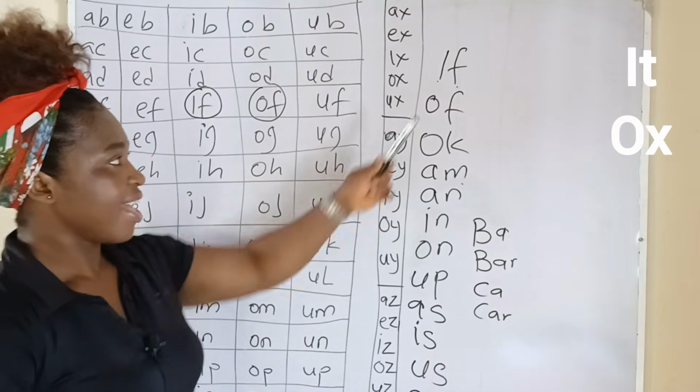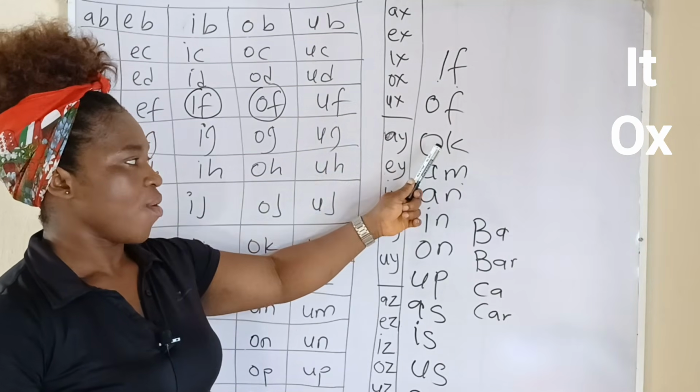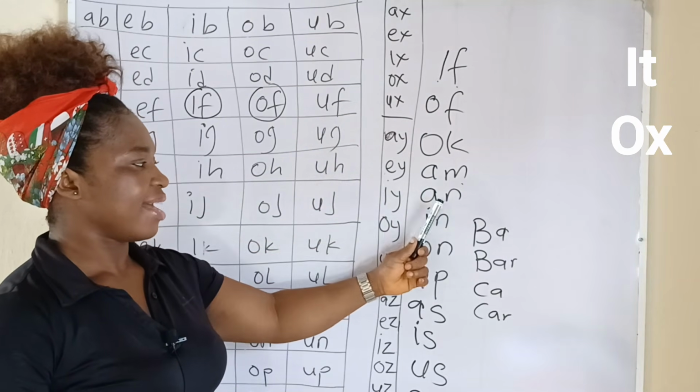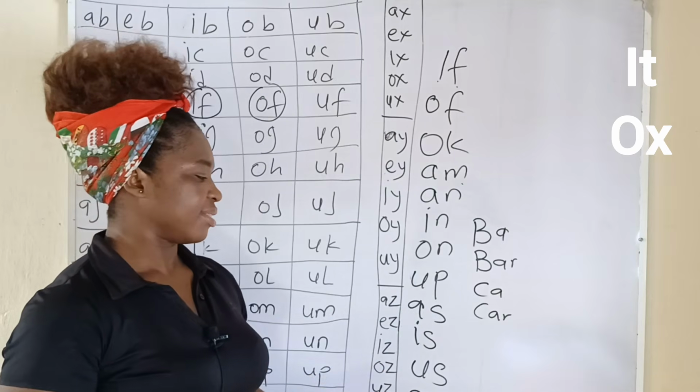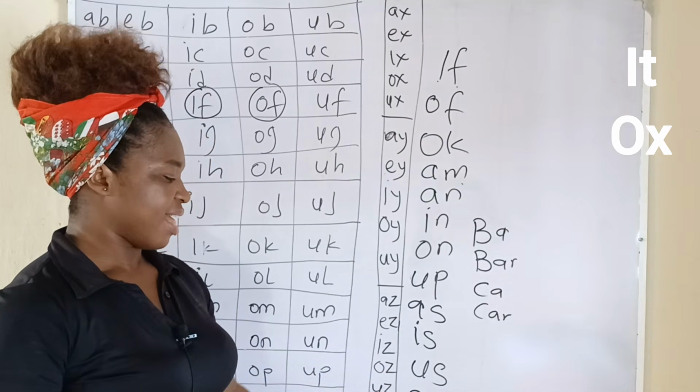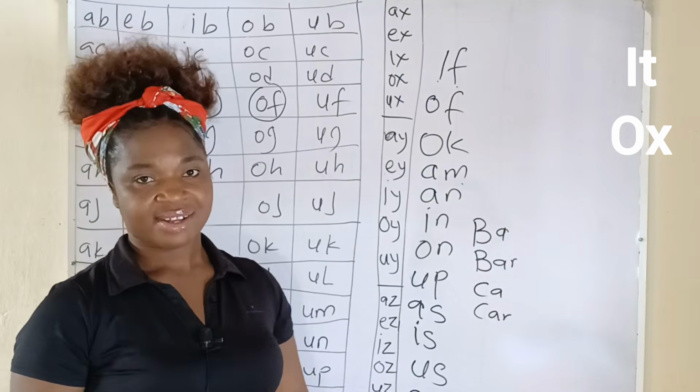So we have if, of, okay, am, an, in, on, up, as, is, us, at, it, ox.